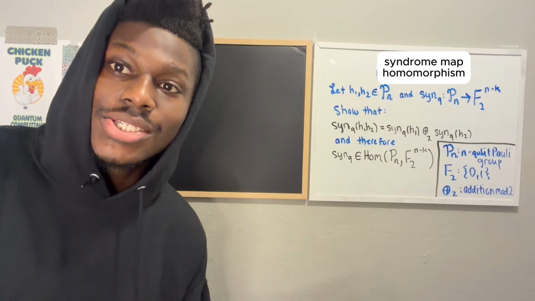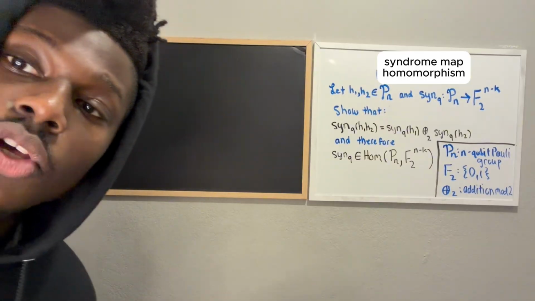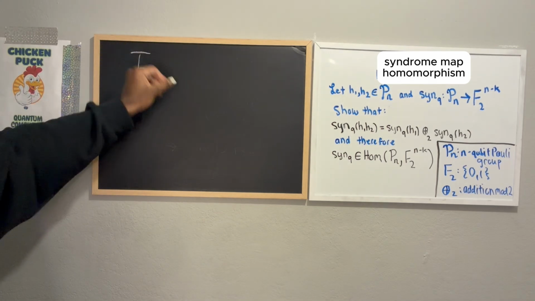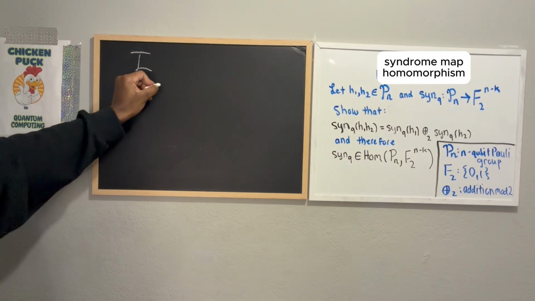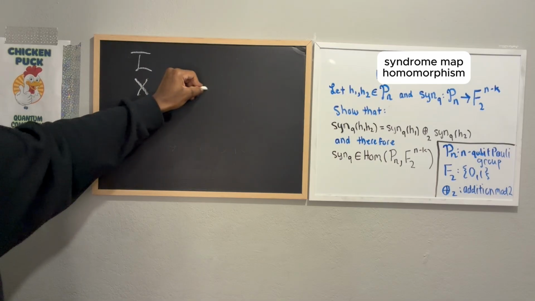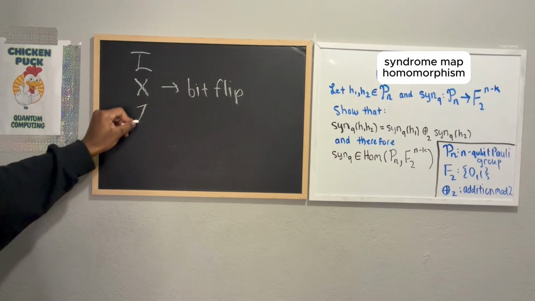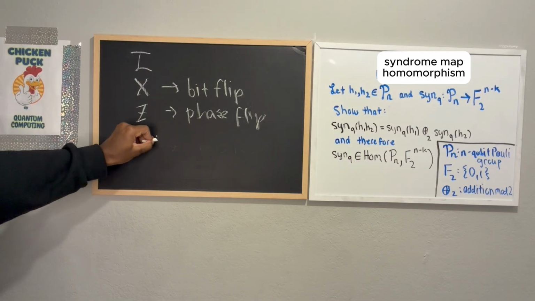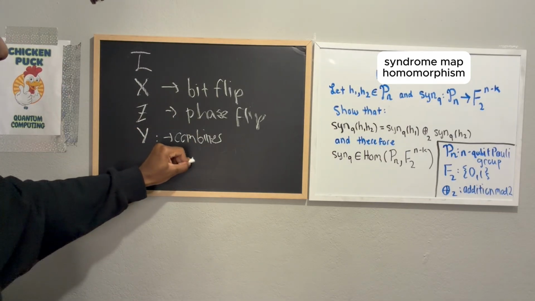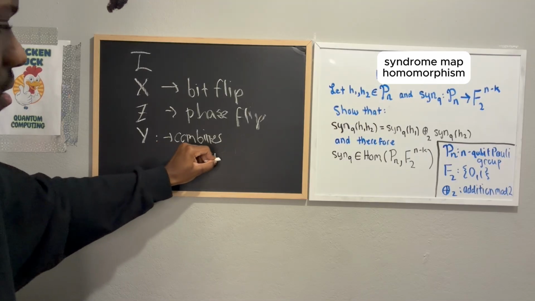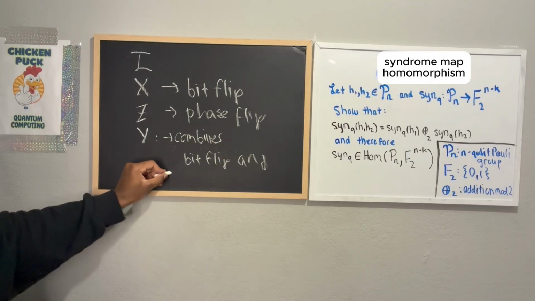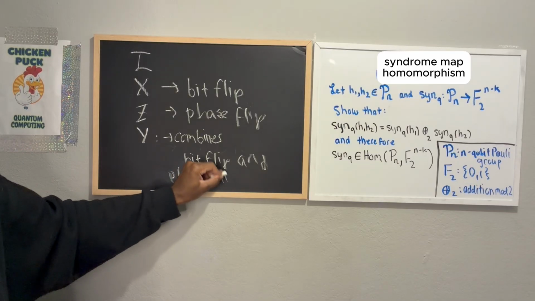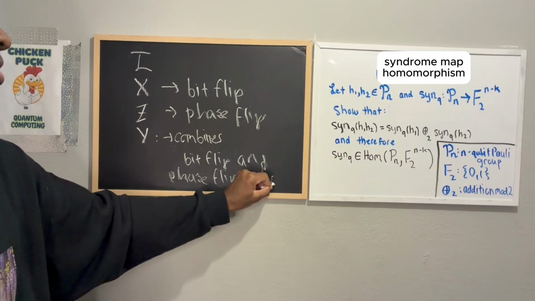So first things first, let's go over the errors, okay? So for a single qubit gate, we have Pauli errors: I, the identity, which does nothing; X, which does a bit flip; Z, which does a phase flip; Y, which combines bit flip and phase flip behavior.